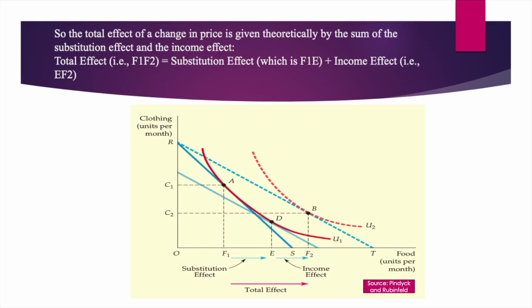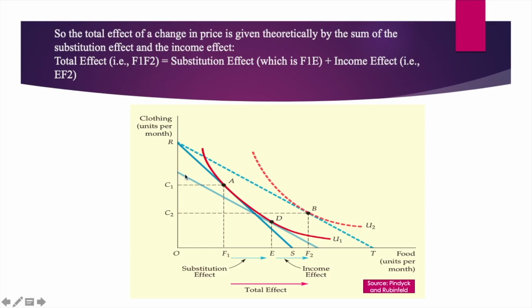Now, let's discuss the income effect. In income effect, we look at the change in food consumption brought about by the increase in real purchasing power. That is, the change in food consumption due to an increase in real income. Here, the relative prices are held constant.